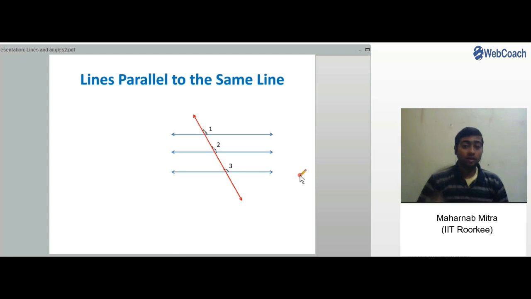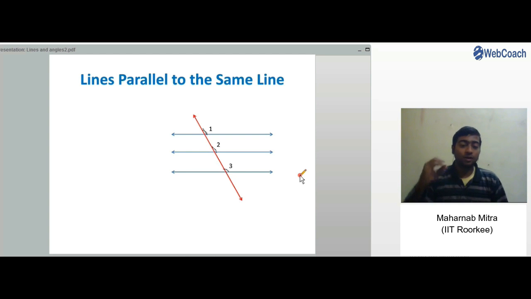Or in other words, we can say that if more than two parallel lines are there, the corresponding angles should also be equal for every set of lines, and this is also correct for all the other types of angles: alternate interior angles, alternate exterior angles and co-interior angles.